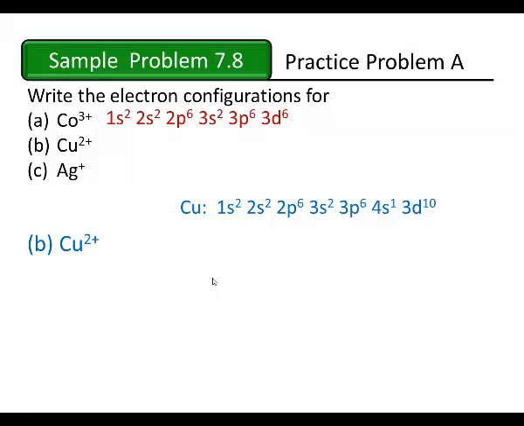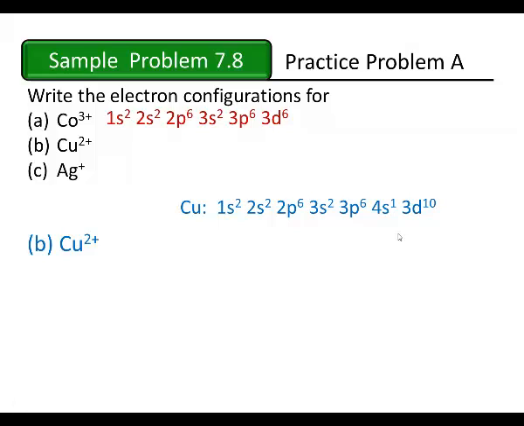Copper is actually specifically discussed on page 261 in chapter 6, and in the case of copper it is more stable to have the s subshell half filled and the d subshell completely filled. You're not required to memorize all of the anomalies that can occur with electron configurations, but we have to consider them as we look at this exercise.